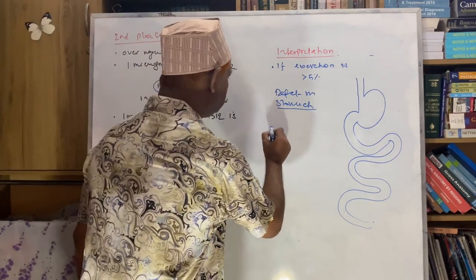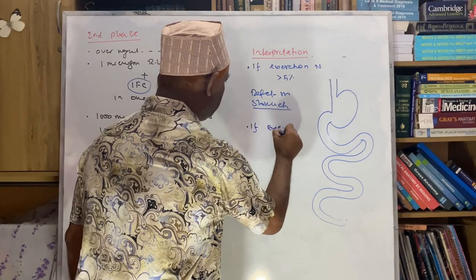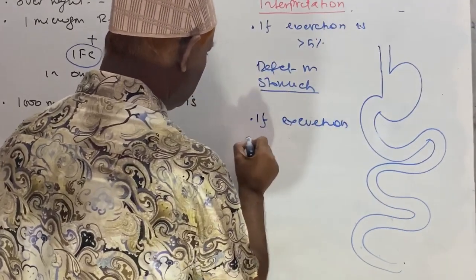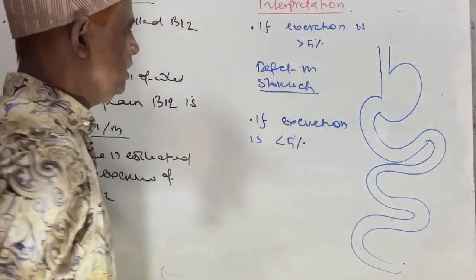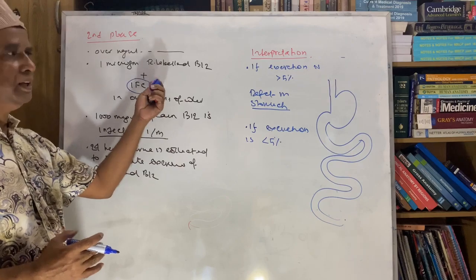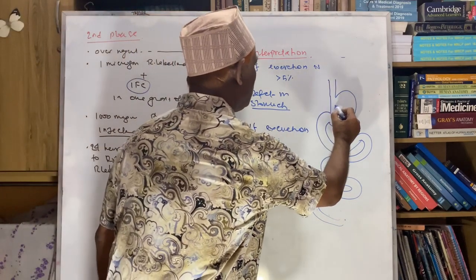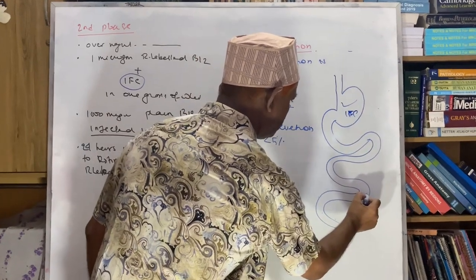Now, if excretion is, like before, less than 5% again after giving intrinsic factor of Castle, it indicates the stomach was okay. There was intrinsic factor of Castle, but there is a receptor defect in the intestine.